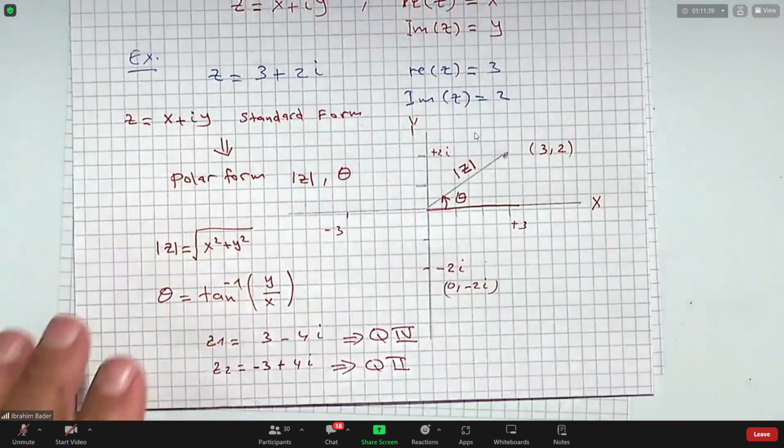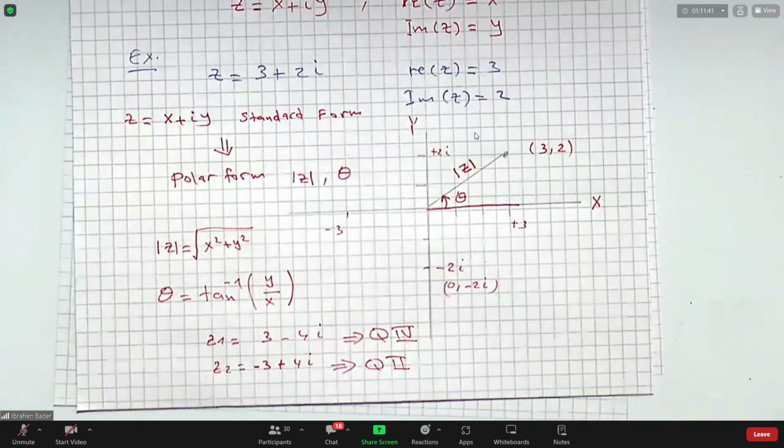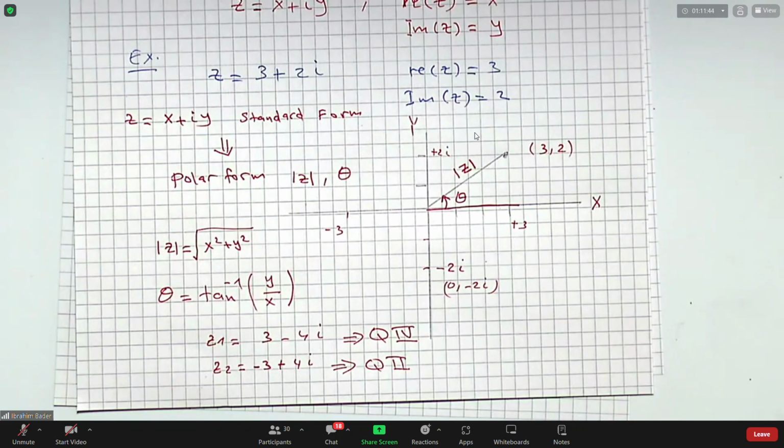There is another very important coordinate form, and sometimes it's even easier. What is it called? It's Euler's form, I think.